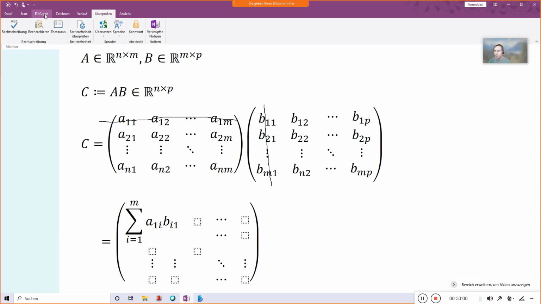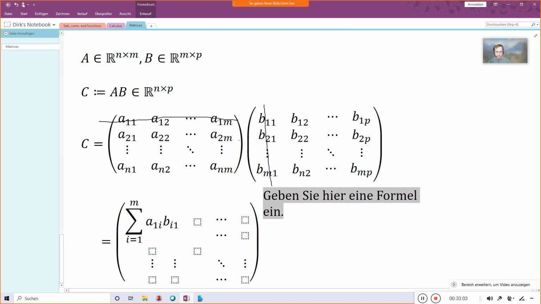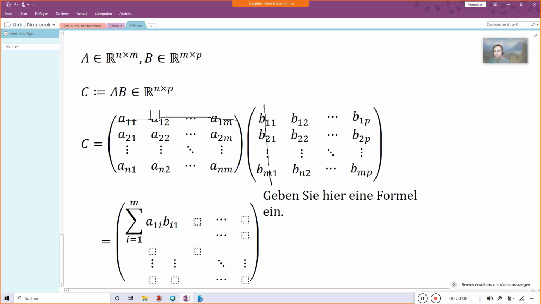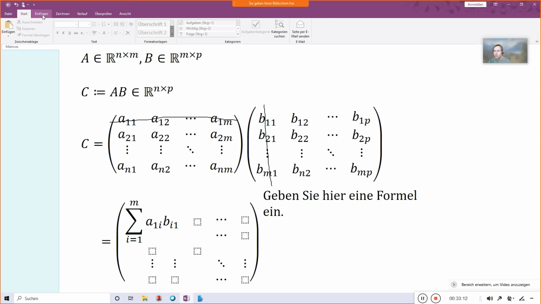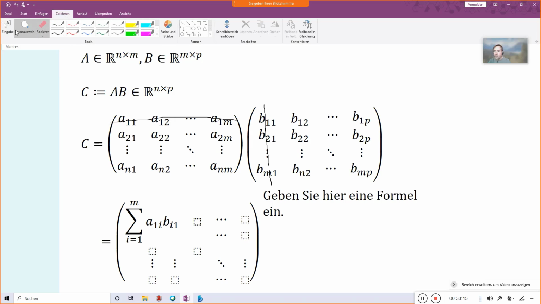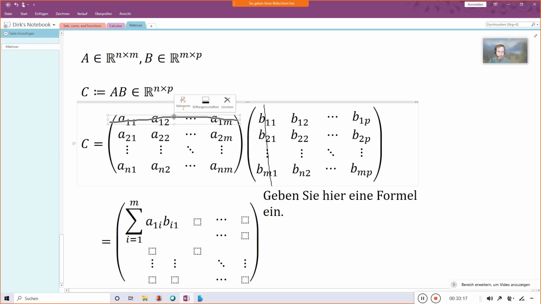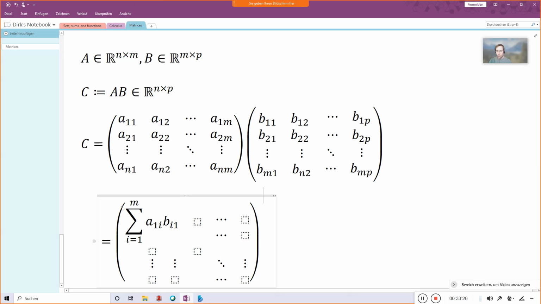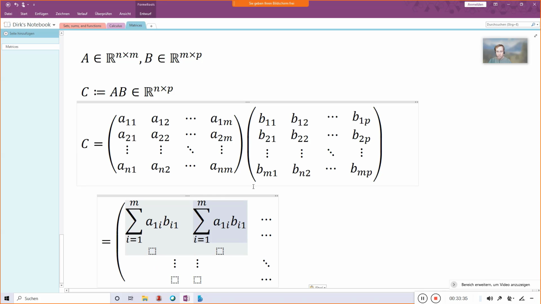Maybe let's get rid of this, that's a little bit too fine-grained. The second entry in the first row of C we get by staying in the first row of A, and now considering the second column in B. So we stay with A1i, but we go to B12.